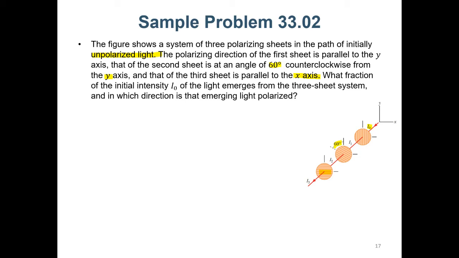What fraction of the initial intensity I0 of the light emerges from the 3-sheet system, and in which direction is that emerging light polarized?